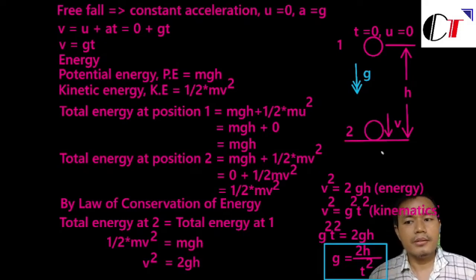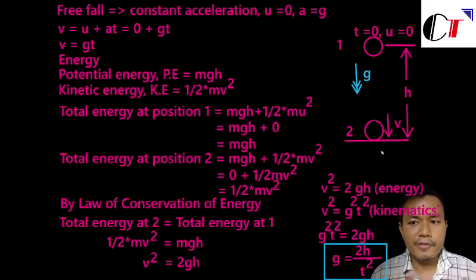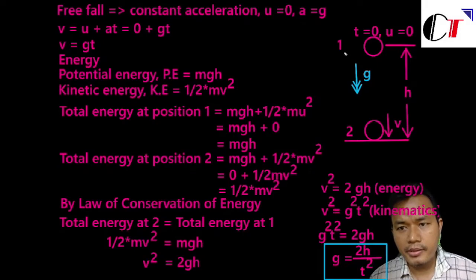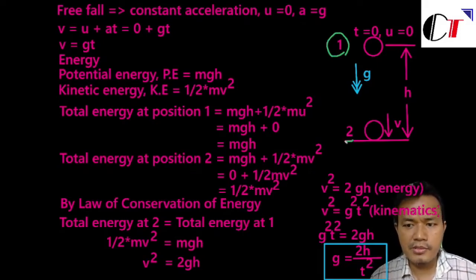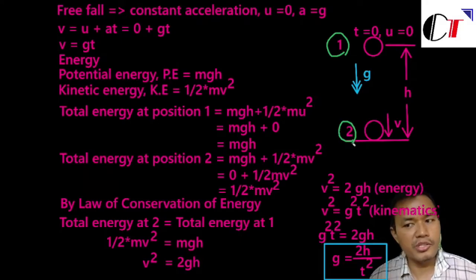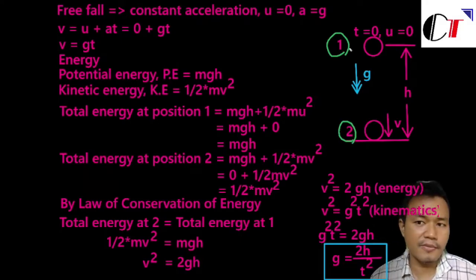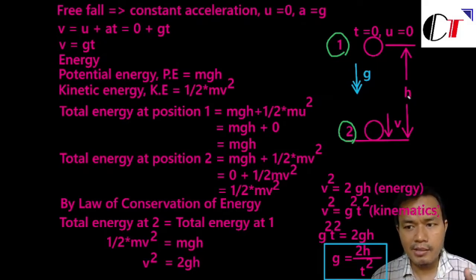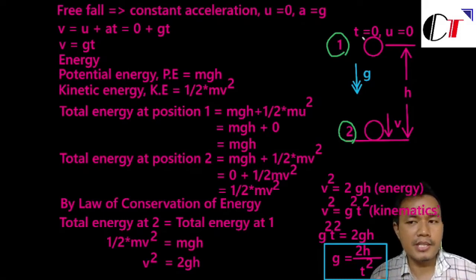So now of course we have the free falling motion. Your particle is initially at position 1, and then it falls to the ground at position 2. As you see in the figure, at position 1 we have the object at height h from the ground, and because it's just dropping, at time t equals 0 the initial velocity u is 0.